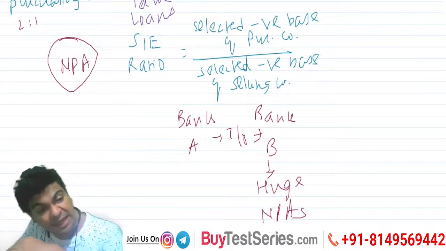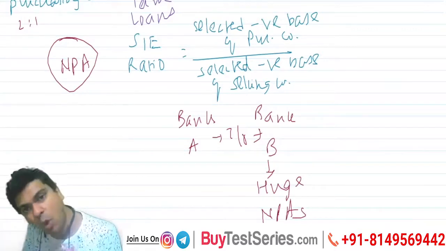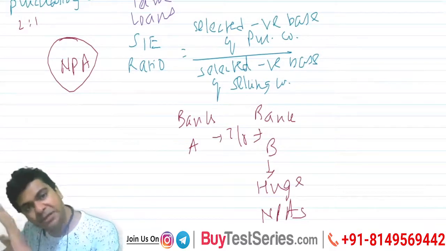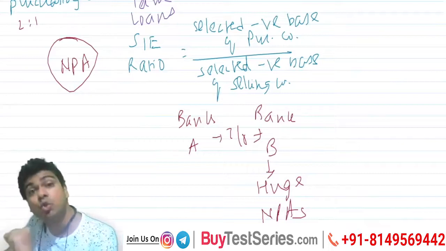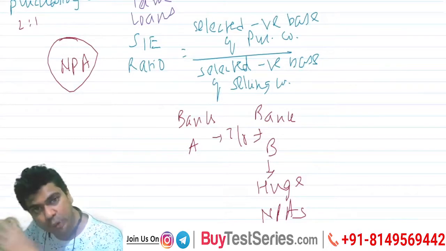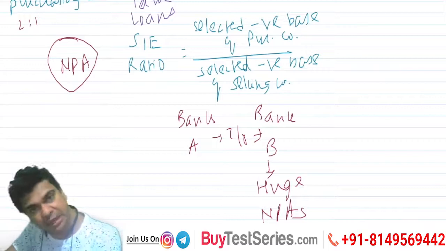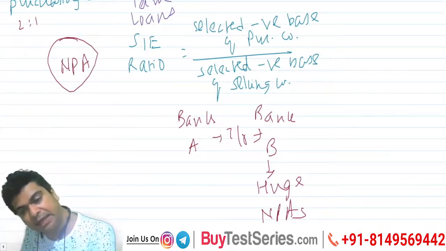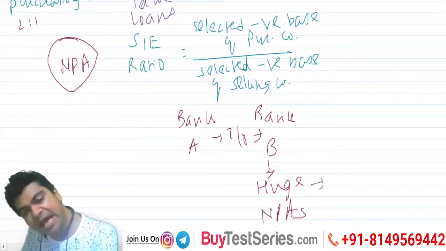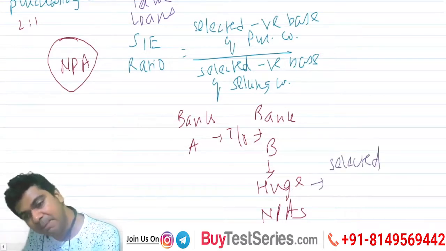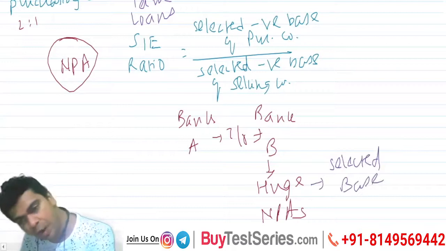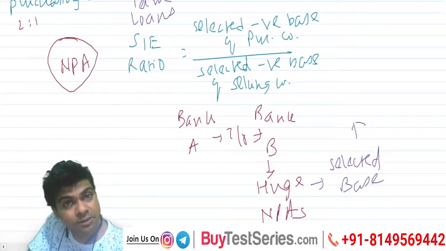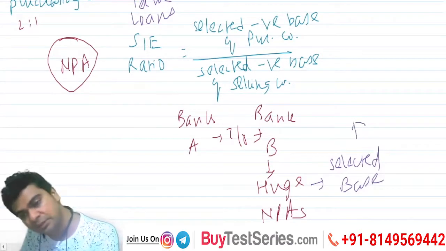Perhaps you will be evaluating this decision so many times. Maybe bank B is really good, but it has too many non-performing assets. Should I really take over a bank which has such a large number of NPAs? So by chance, if you decide to make NPA one of the selected bases for the share exchange ratio, I will like my NPA to be as low as possible.